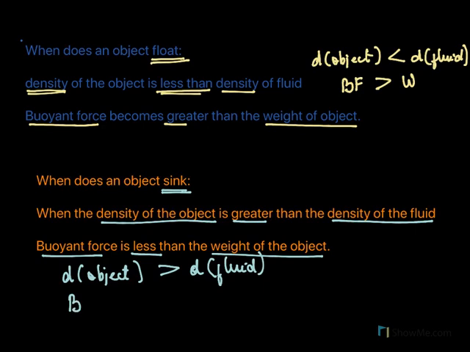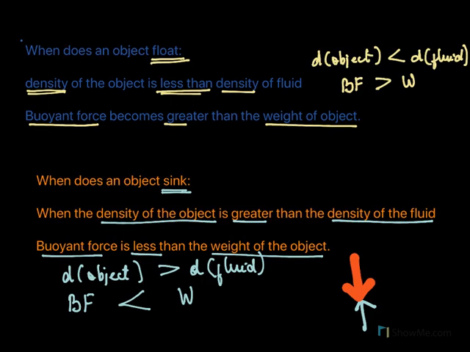And when this happens, the buoyant force becomes less than the weight. The buoyant force is the upward force, right? The buoyant force is less while the weight is more. And that's when the object will sink.